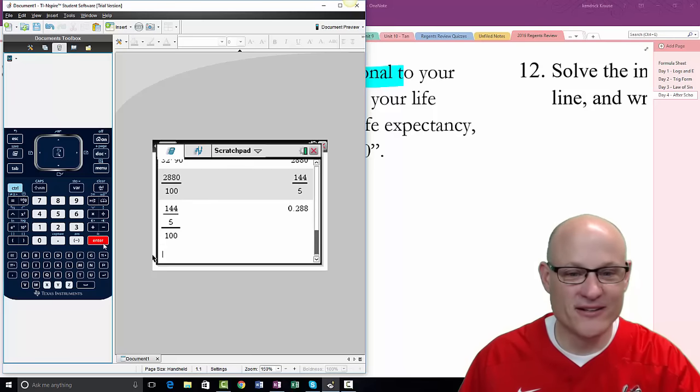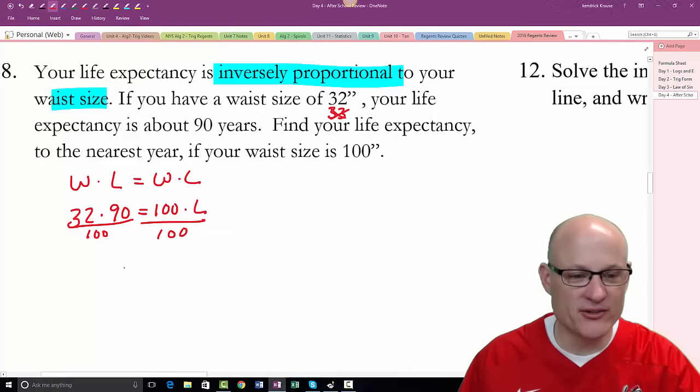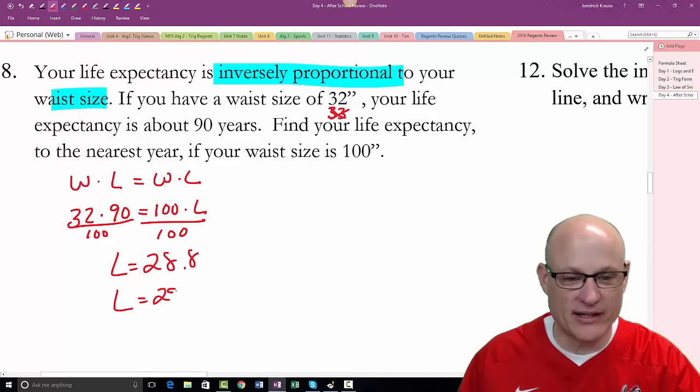Let's change one to a decimal place. 28.8 years. So L equals 28.8 years. We can expect to live to about 29 years old.